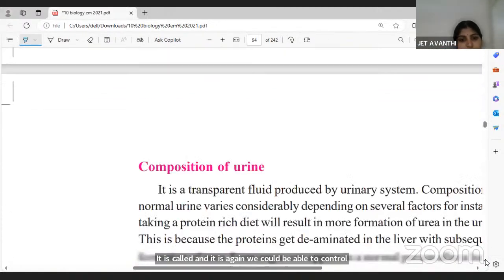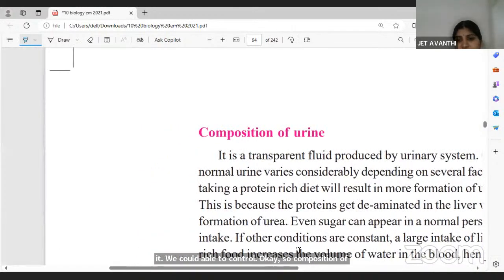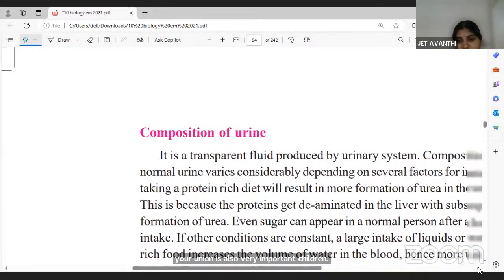So the composition of urine is also very important, children. Please underline that. What is the composition of urine basically?